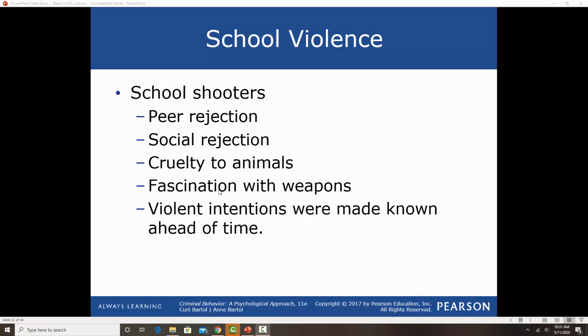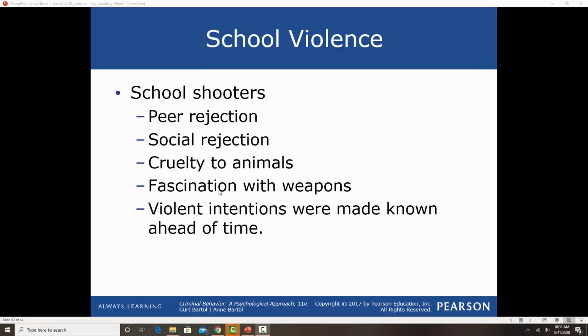But what we have found by looking at the background of school shooters or interviewing those who have survived is most had that peer rejection that we talked about. So they've had peer rejection, social rejection. They're kind of outcast in their schools. Most have been the victims of some type of bullying. Most have shown some type of cruelty to animals.